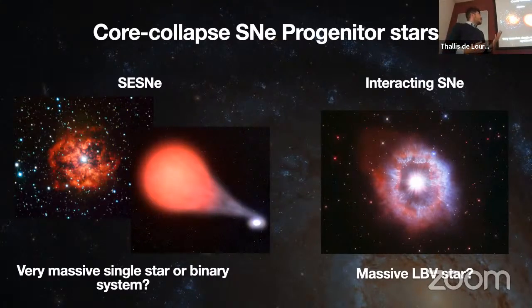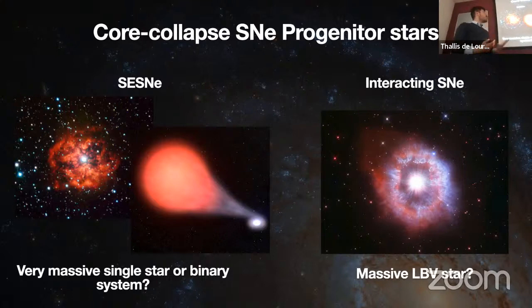They could have lost it through very powerful winds, and that would require a very massive progenitor star that is constantly throwing the outer layers out, or they also could be explained by binary interaction. So a companion star is taking out the outer layers of this massive star, and then this massive star would explode, but without the outer layers of hydrogen and helium.